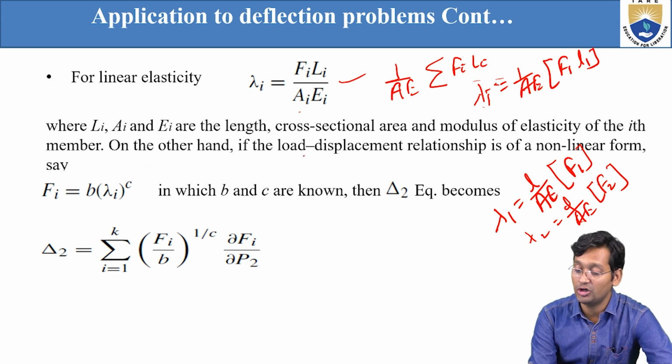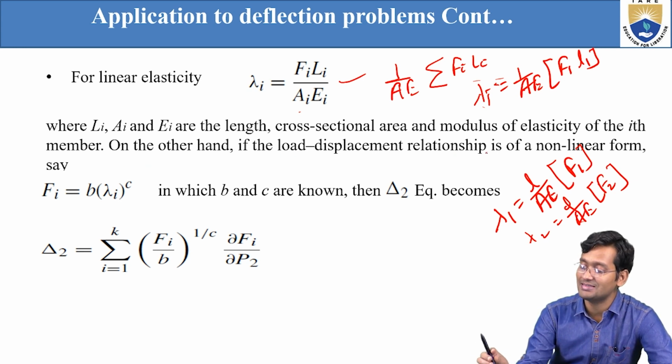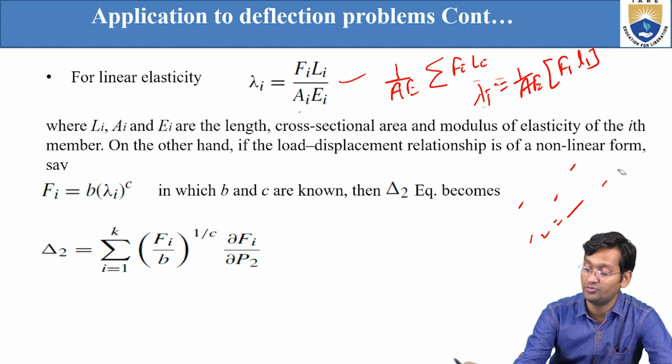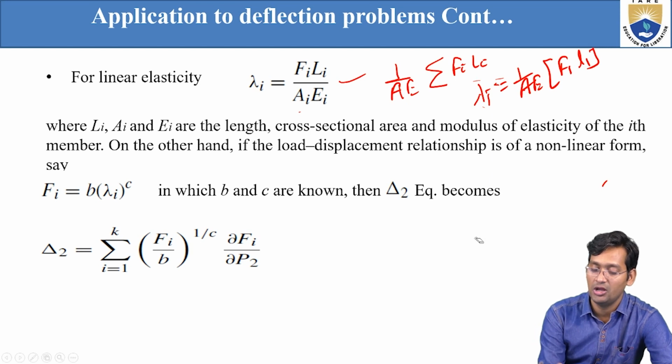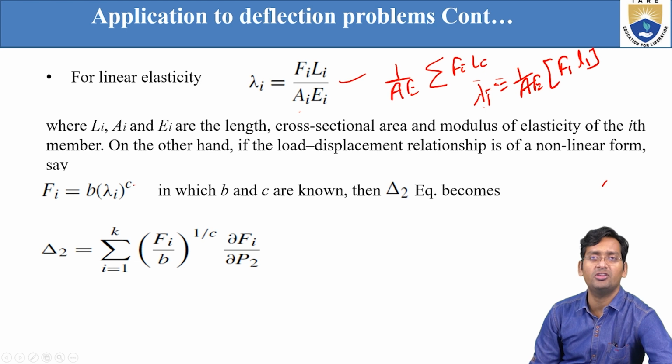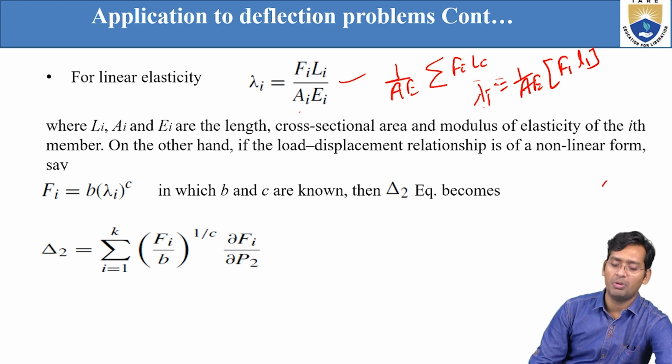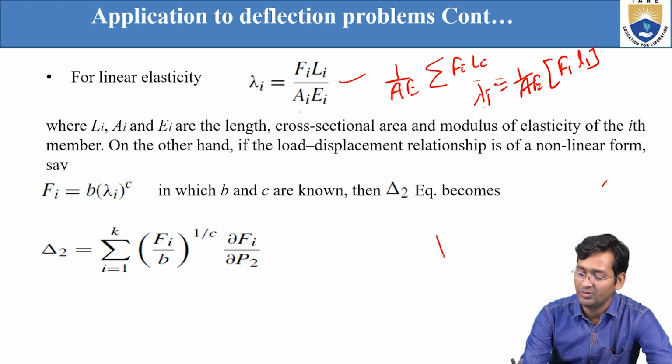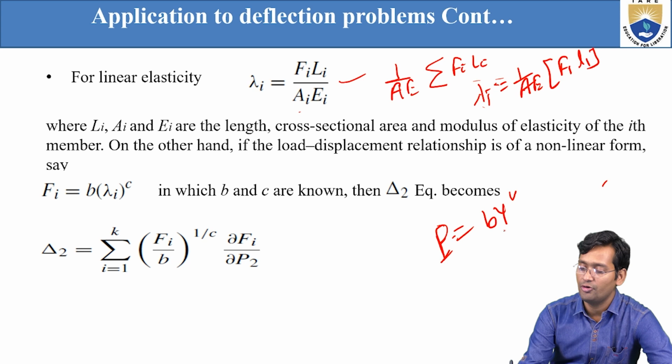On the other hand, if the load-displacement relationship is of a non-linear form, so this is for the linear form, and for the non-linear form we already derived in the previous video. Fi equals B lambda i to the power C. There the deflection was Y, so in terms of P, we had taken P equals B Y to the power N. There we considered P as the load and Y as the deflection.